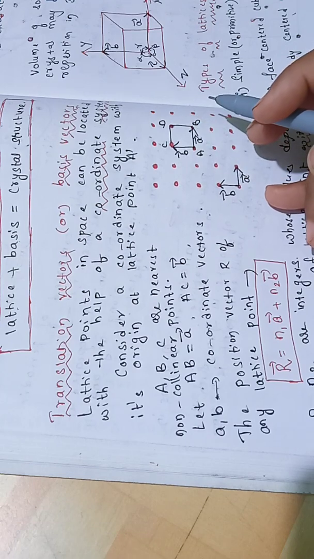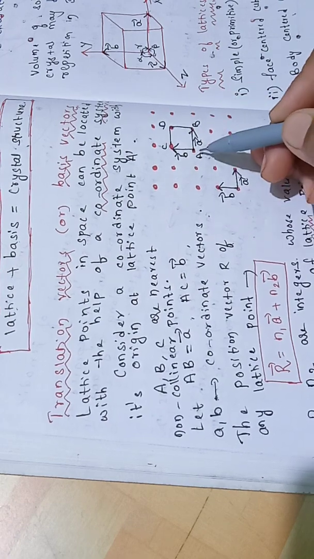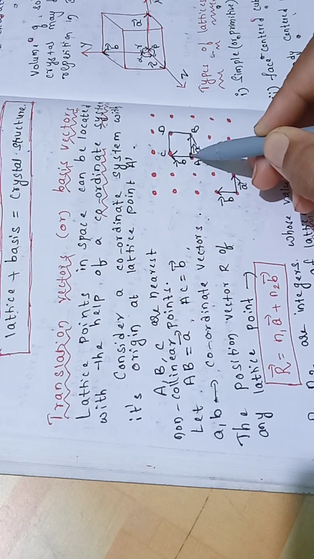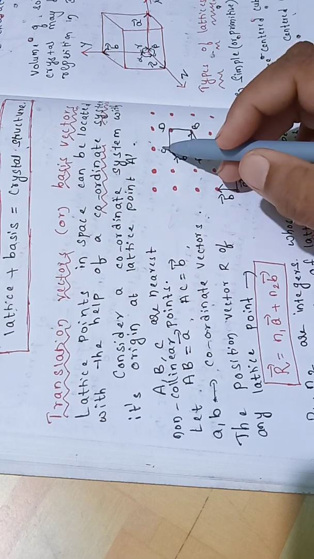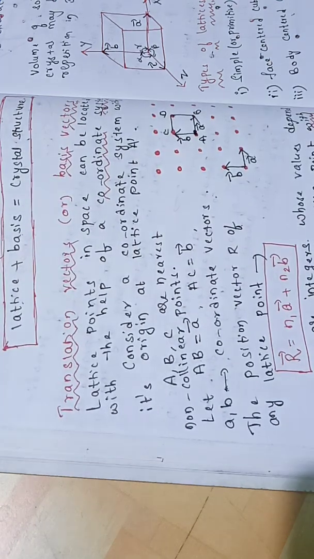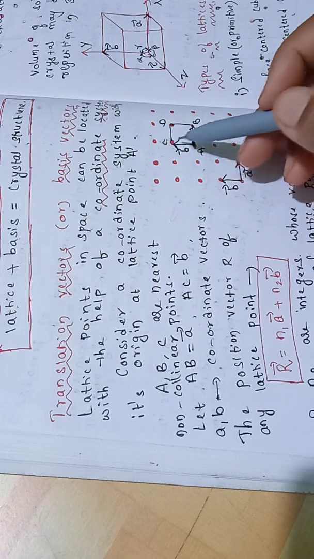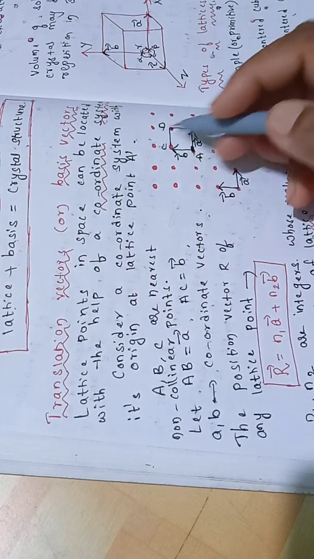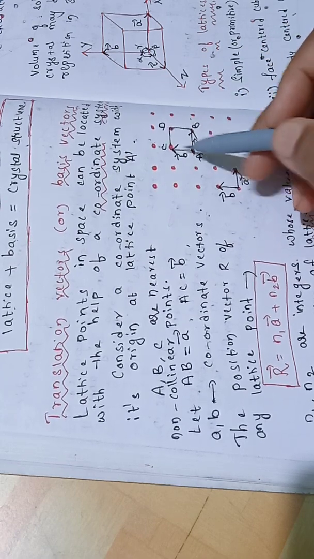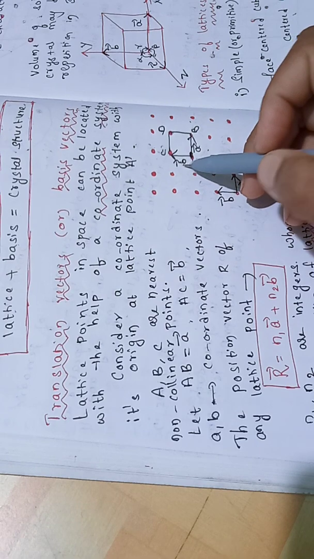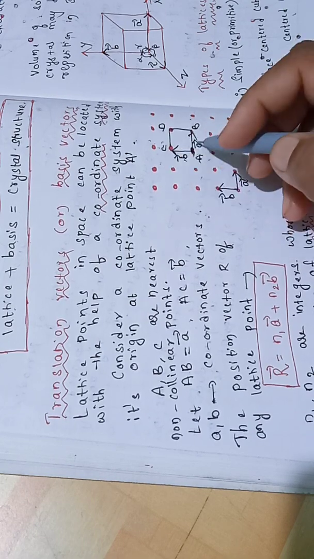For example, consider a coordinate system with origin A. Here A, B, C are nearest non-collinear points. Let us assume AB equal to a, AC equal to b. Here the small letters a and b we call coordinate vectors.